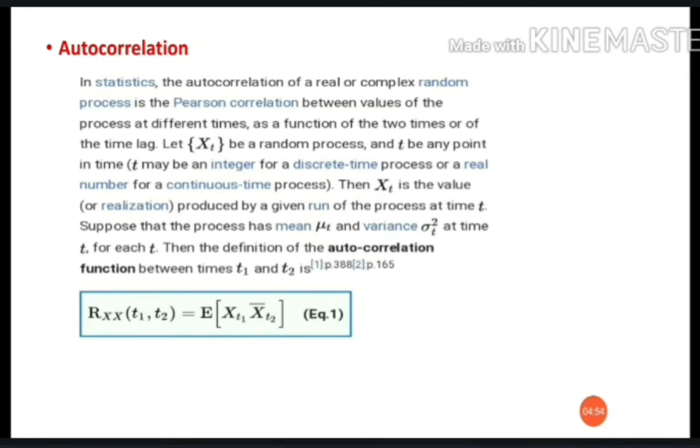That means we are correlating a function with itself by shifting the function by a lag. The autocorrelation equation we denote as R_xx(t1, t2) equal to the expectation E of X(t1) times X-bar(t2).